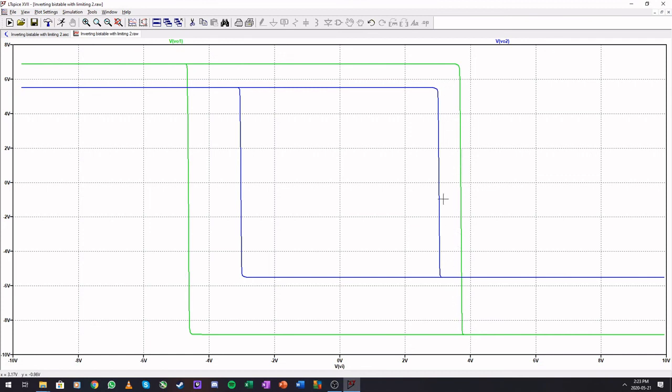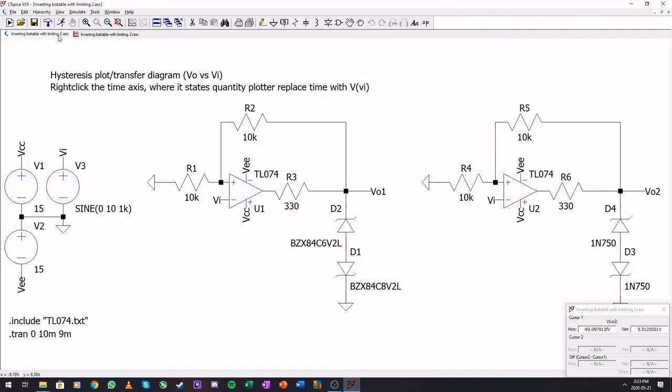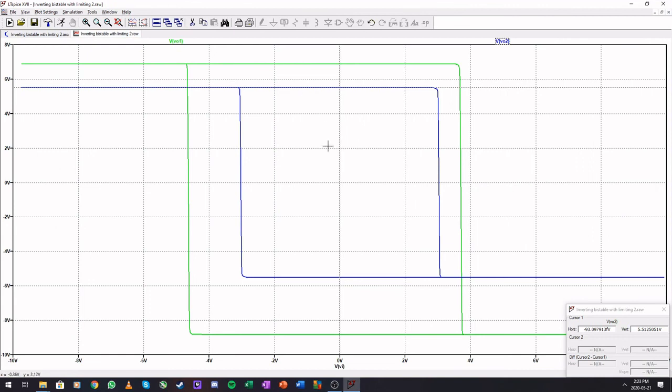So this one over here, and 5.5 volts times 0.5 would be 2.7 volts. So this is 2.7 volts roughly. Should be. Okay, so that is our triggers. So we can set different limits.